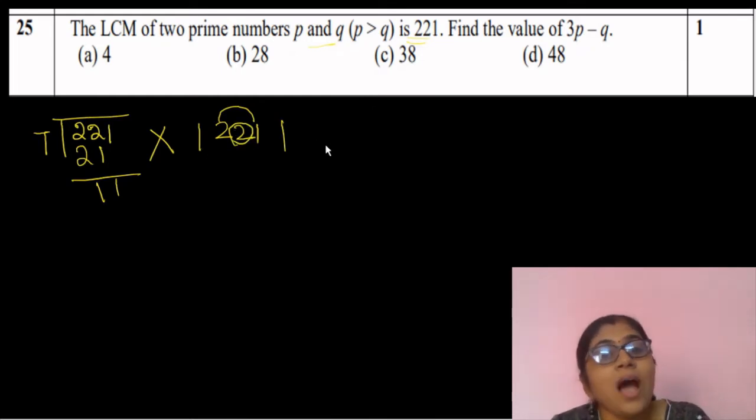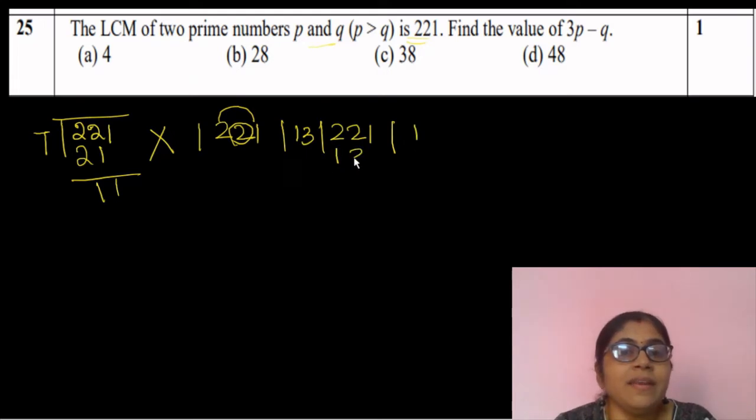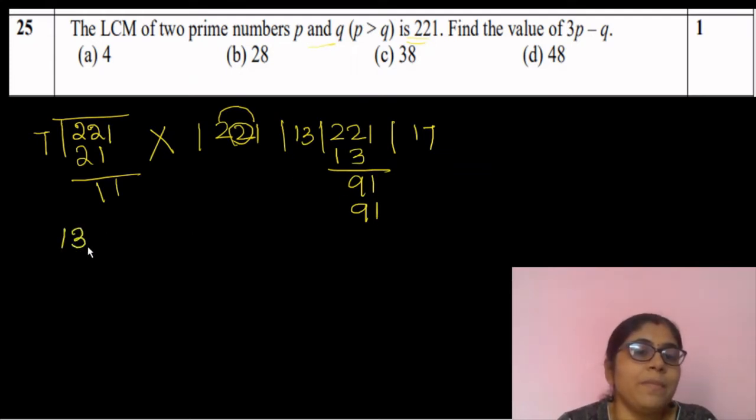So now let's move to the next number, that is 13. 221 divided by 13. So 13 ones are 13 and 91. Then 13 sevens are 91. So our prime numbers are 13 and 17.